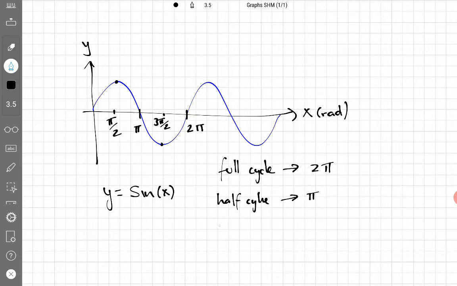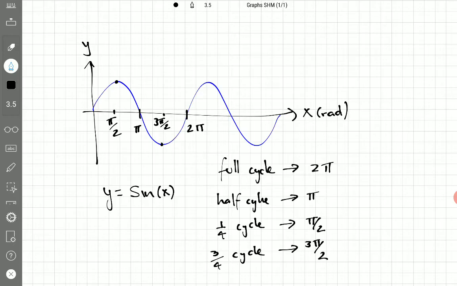Then a quarter of a cycle would be pi over 2, and 3/4 of a cycle is going to be 3 pi over 2, right?